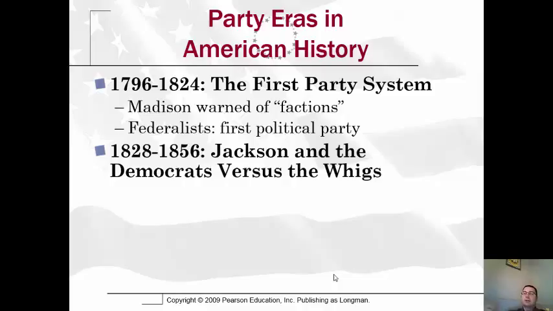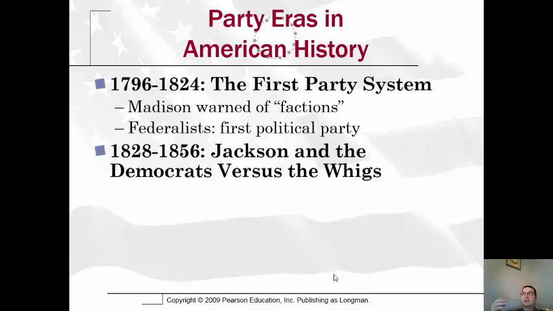Anti-Federalists didn't want a repeat of Great Britain and those kind of things. But the first party, remember, this is the right to vote is limited to white male property owners. So when we talk about there being these factions, it's amongst kind of the elite of society that these are the cases, right?